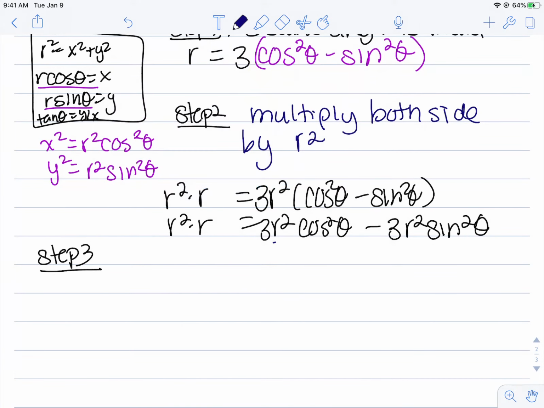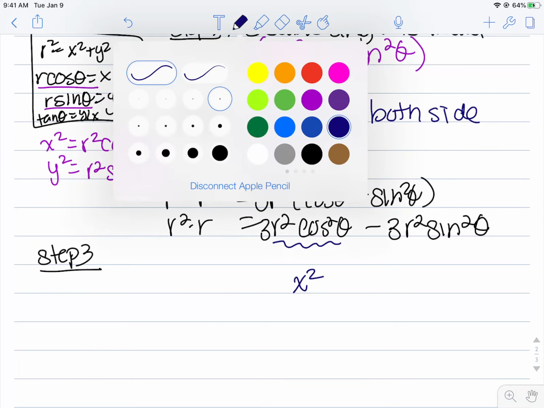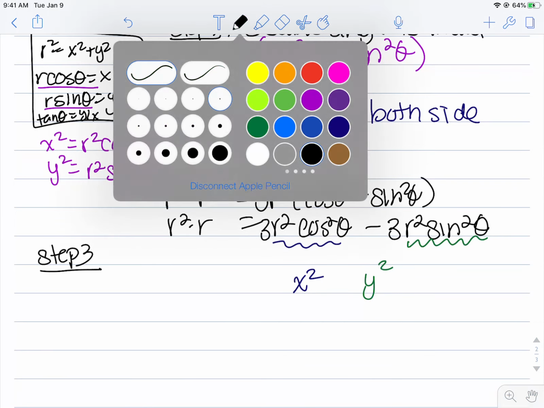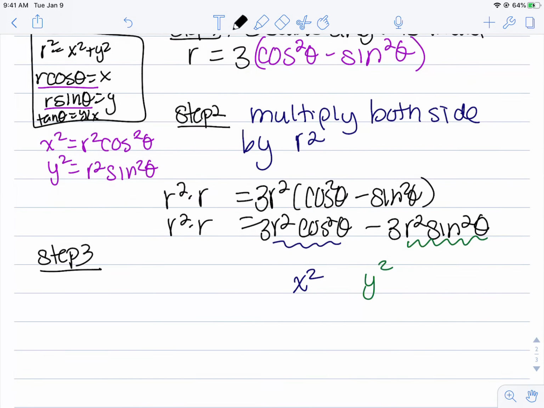Now I can take r squared cosine square theta and substitute that with x squared. And I can take r squared sine square theta and substitute that with y squared. So on the left-hand side, I have r squared times r. On the right side, I have 3x squared minus 3y squared. I'm almost there.